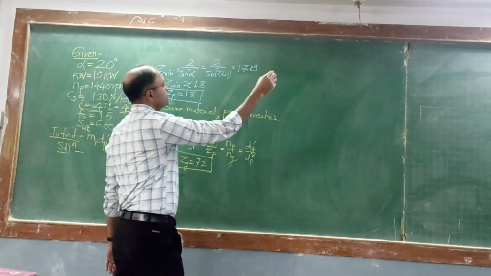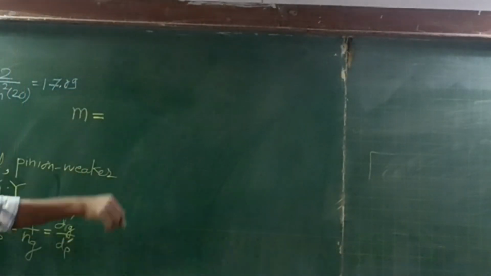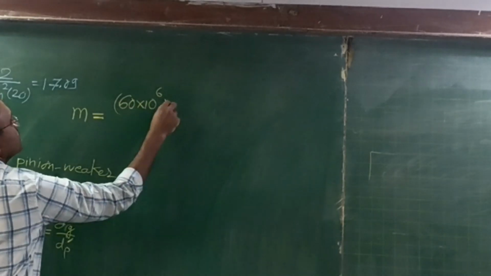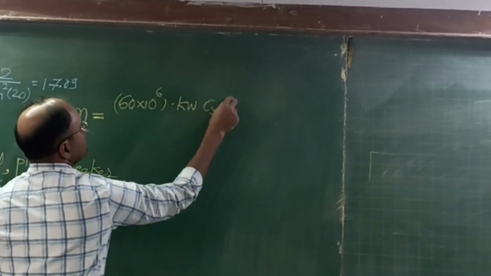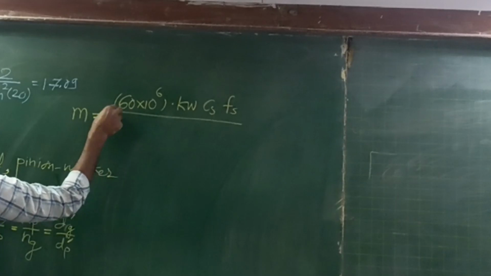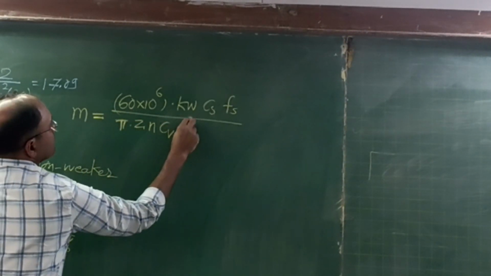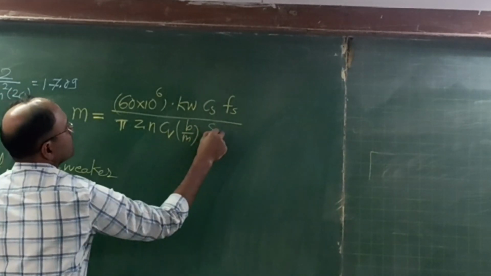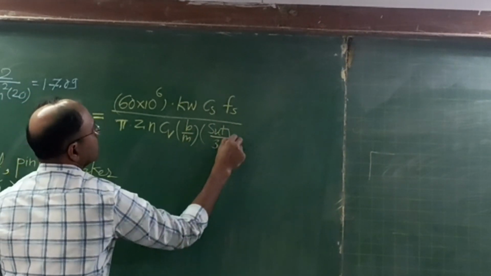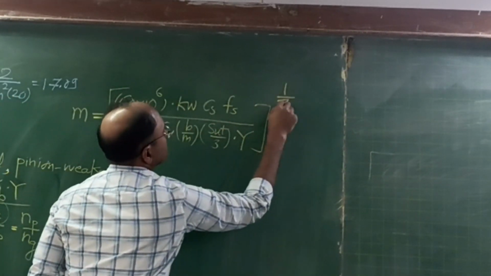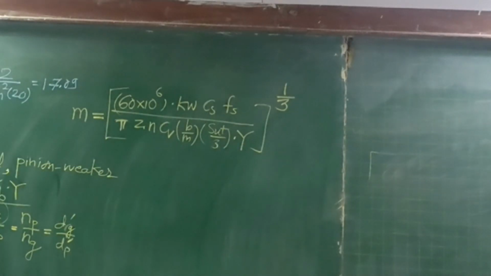So I am writing that equation now here. m is equal to [60 into 10 raised to 6 kilowatt Cs Fs upon pi Z N Cv (b by m) (Sut by 3) into Y] all raised to 1 by 3. Okay, this is the equation to calculate module based on beam strength. Right?